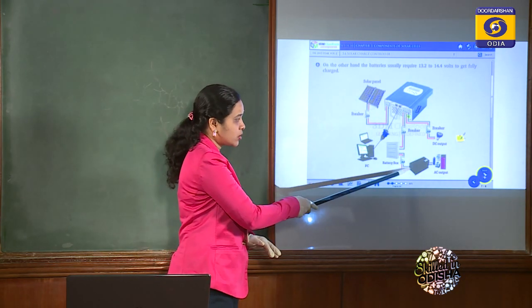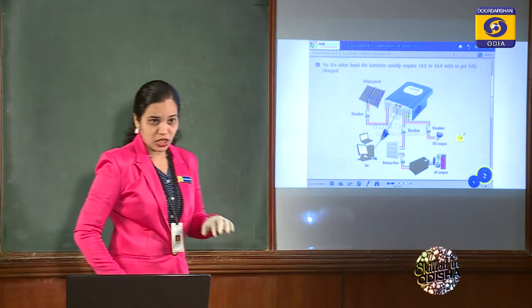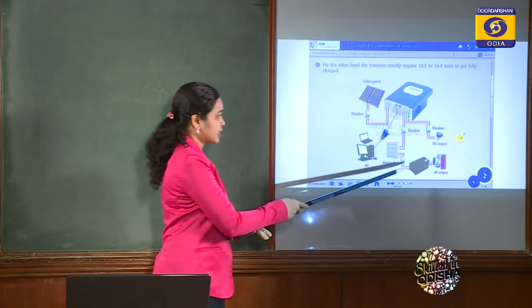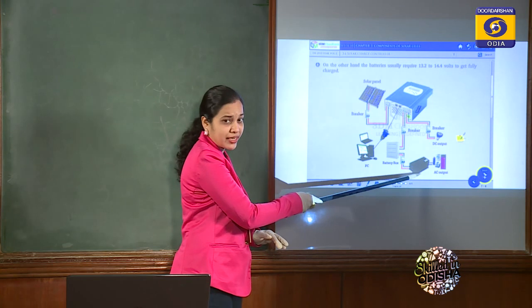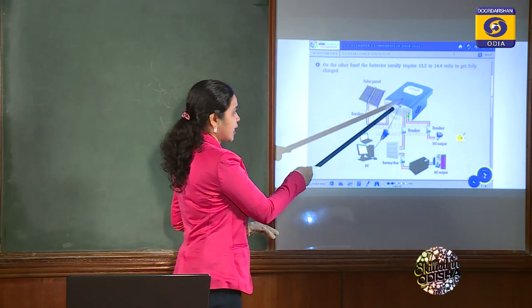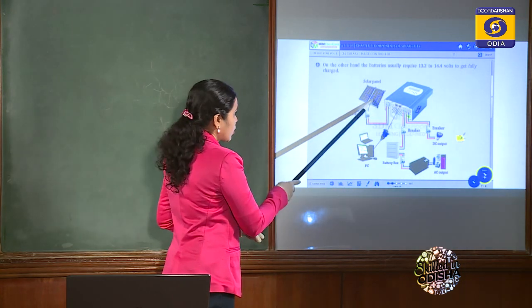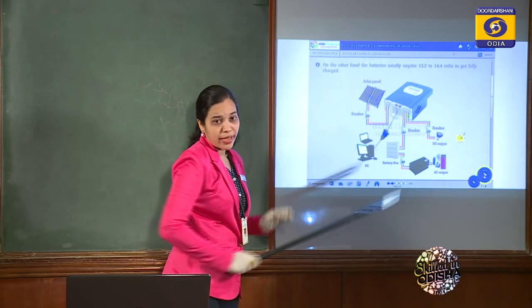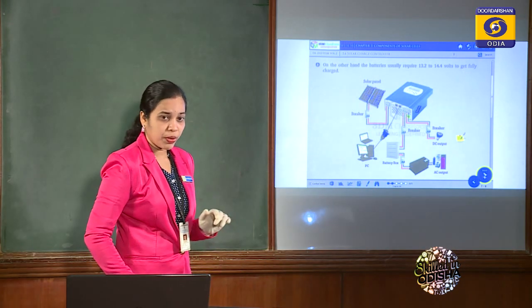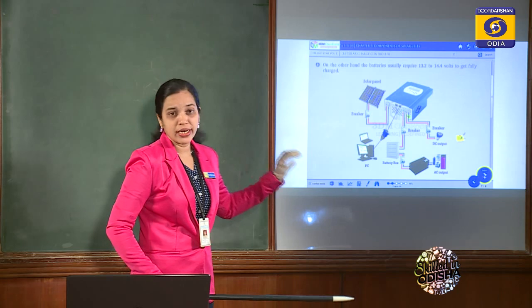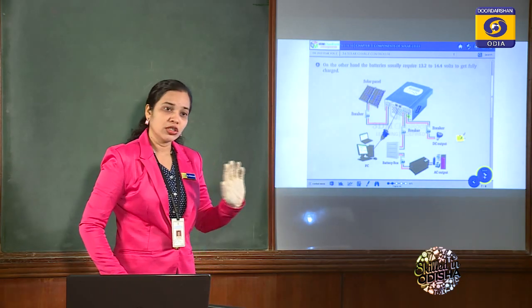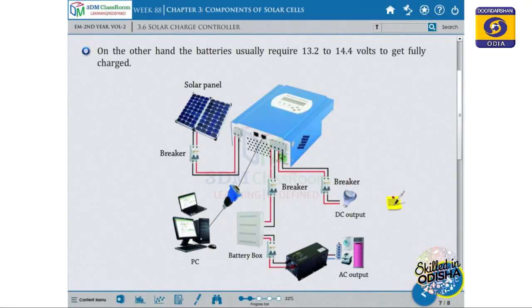It is too high to charge that battery. So to control the charging of that battery, the solar charge controller is used. The solar panel gives a maximum output of 20 volt, but the charging voltage we need for the battery is 12 to 14 volt.